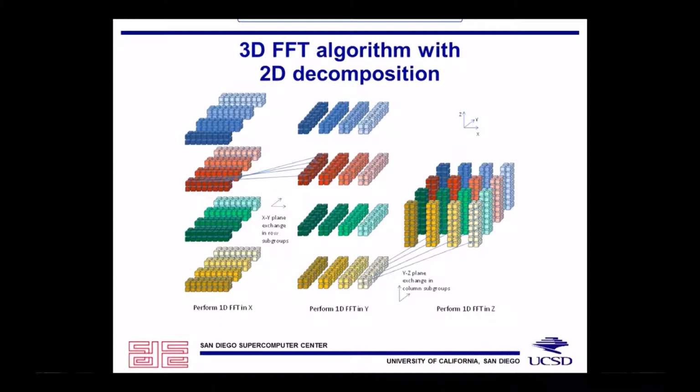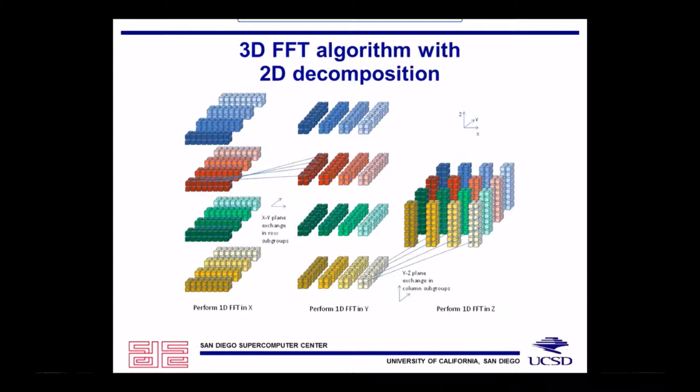We start by performing a one-dimensional FFT in the X dimension, followed by a transpose in the XY plane to exchange among the rows of this processor grid to rearrange the data.